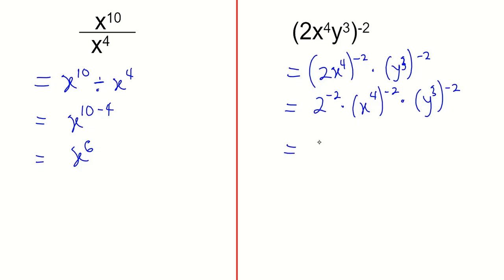We simplify this by writing 2 exponent minus 2 times x exponent minus 8, because 4 multiplies minus 2, we have minus 8, times y exponent minus 6, because 3 times minus 2 gives us minus 6. So this is the solution. Basically you can write 2 exponent minus 2 x exponent minus 8 y exponent minus 6.